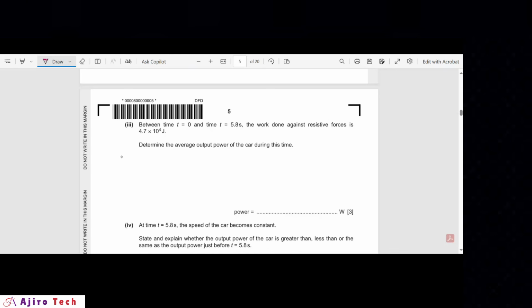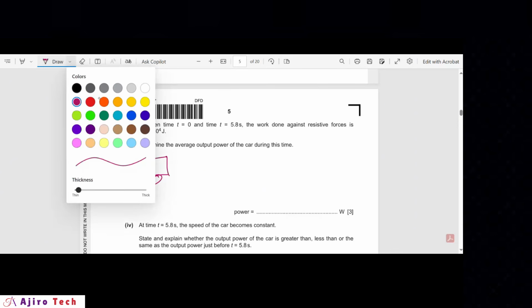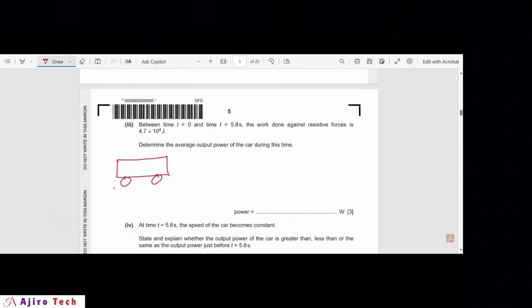Let me just say this is the car. At the beginning here, you have u to be 0. At the final point, which is 5.8 seconds, you have v as 17 meters per second. Now, as the car is moving, let me label it from point A to B, to explain it better.